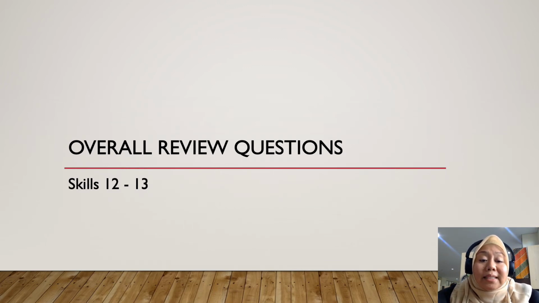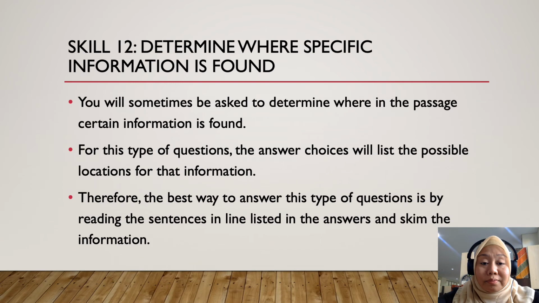All right, the next skills are skills 12 and 13, which will cover the overall questions. Now let's move to skill 12: determine where specific information is found. In a TOEFL test, you will sometimes be asked to determine where in the passage certain information is found. For this type of question, the answer choices will list the possible location for that information.